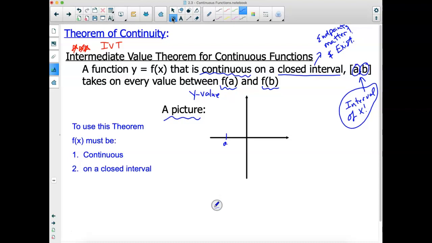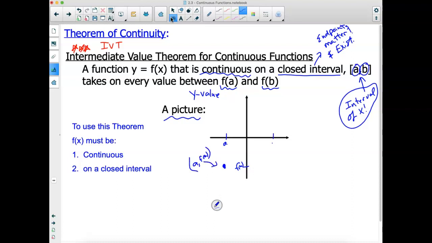If I put a in, and let's say I get f of a down here, that's a y value, giving me a point down here somewhere. That point is a comma f of a. It's just a little ordered pair.